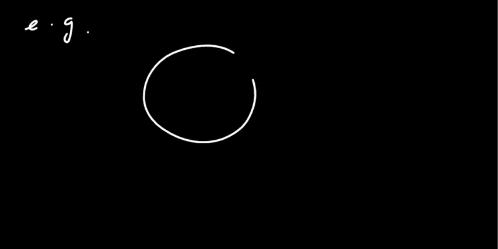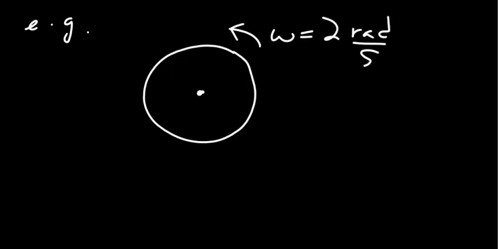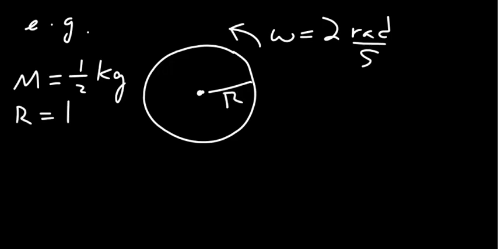Now let's look at the following example. You have a disk that is spinning about this axis, passing through the middle and coming out of the board. Let's assume that the angular speed is 2 radian per second. Let's assume the mass of this disk is half kg and the radius is 1 meter. So what is the angular momentum of this disk about that axis of rotation?